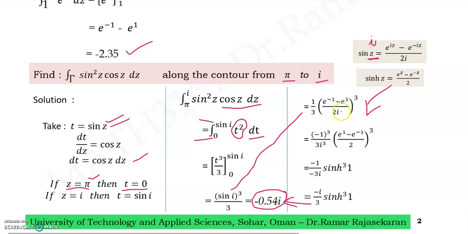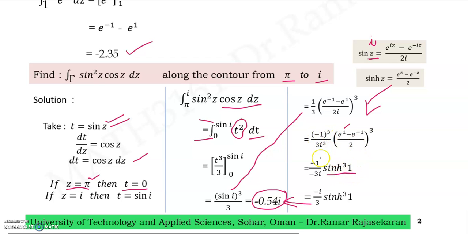From the denominator you take i outside, and here we have a cube also, that's why I am writing i cube. Next, for this one I can write sinh z, so for z equal to 1 we write sinh 1. Here we have a cube, that's why we write sinh cubed.